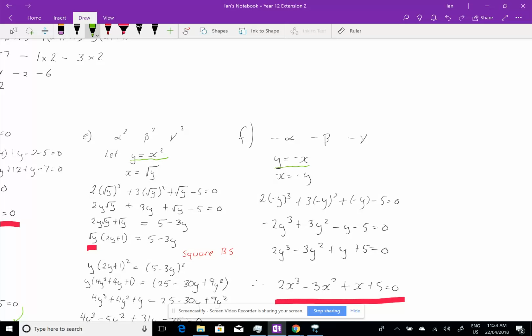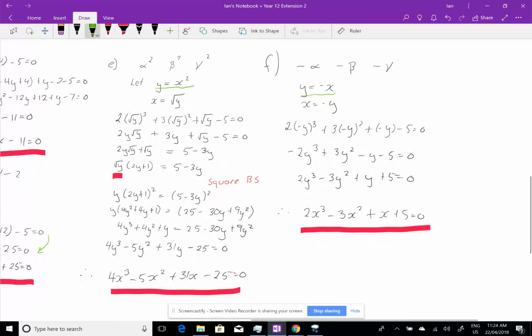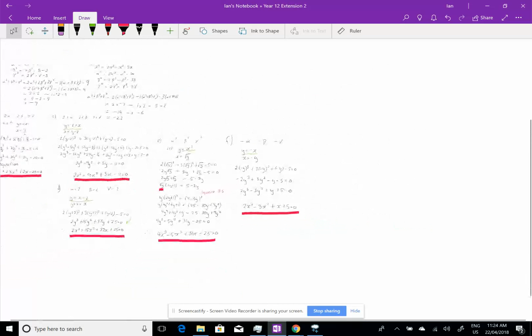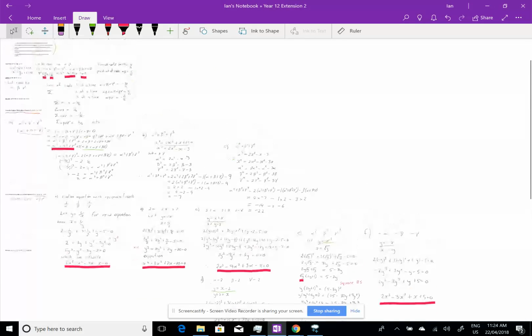Everywhere there's an x, you put that new version of y in, do your algebraic gymnastics to get the new equation, and then resubstitute or rewrite the equation with x in it. So, just a quick recap.